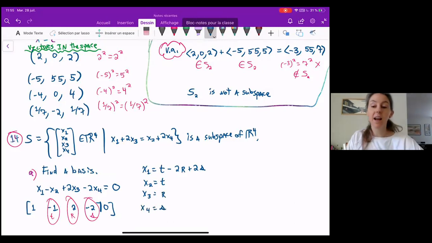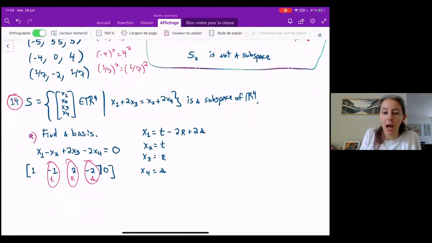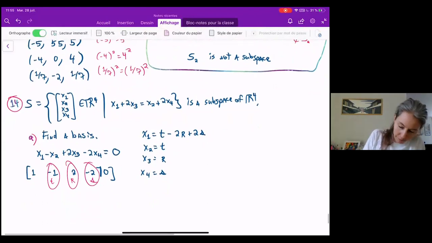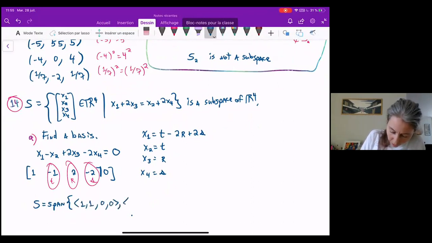And now I can see that I'm going to have 3 vectors in my basis. T vector, R vector, S vector. So the space is the span of those 3 vectors. So S is equal to the span of my T vector, which is 1, 1, 0, 0, my R vector, and my S vector.